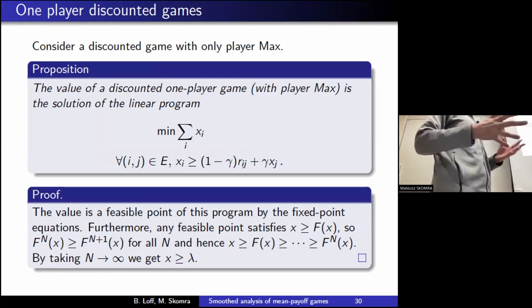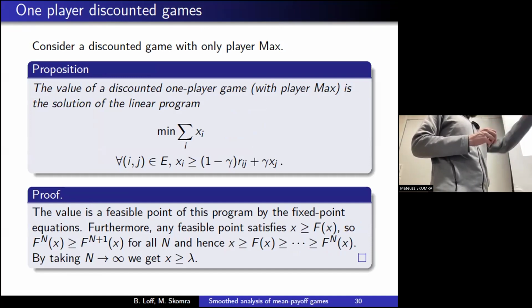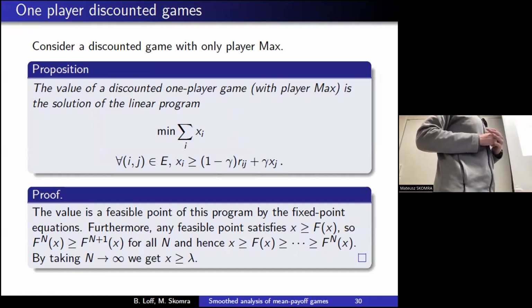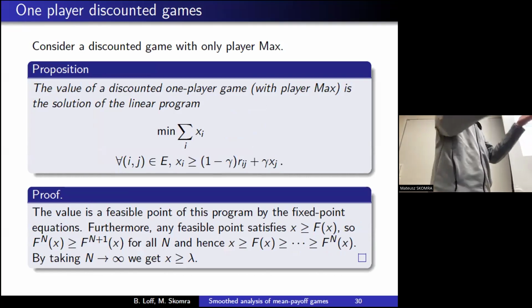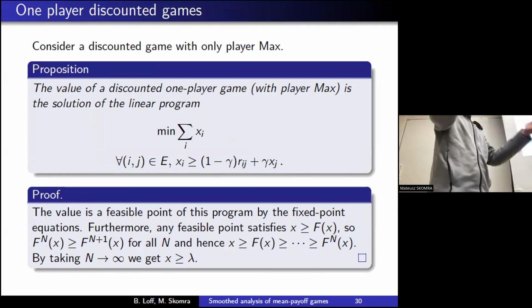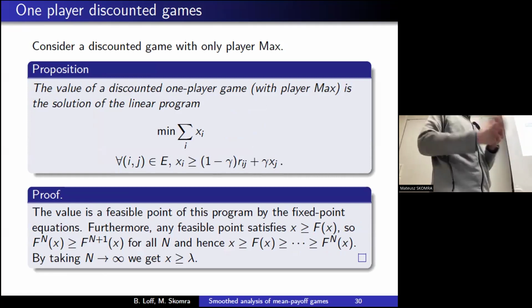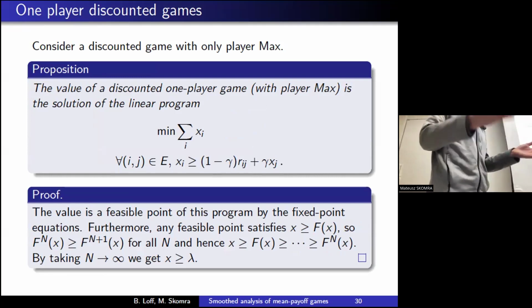So we have a one-player discounted game. We have a maximizer who wants to maximize this kind of discounted reward from their payoffs, and by the Shapley theorem, in this one-player case, the optimal strategy is a policy.